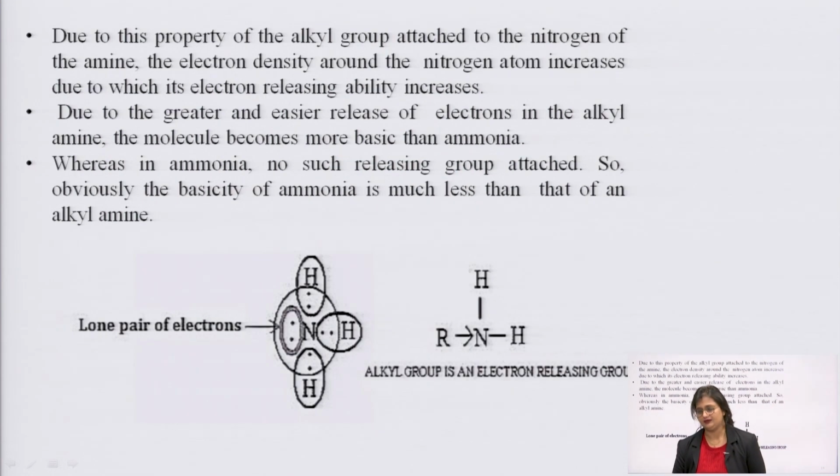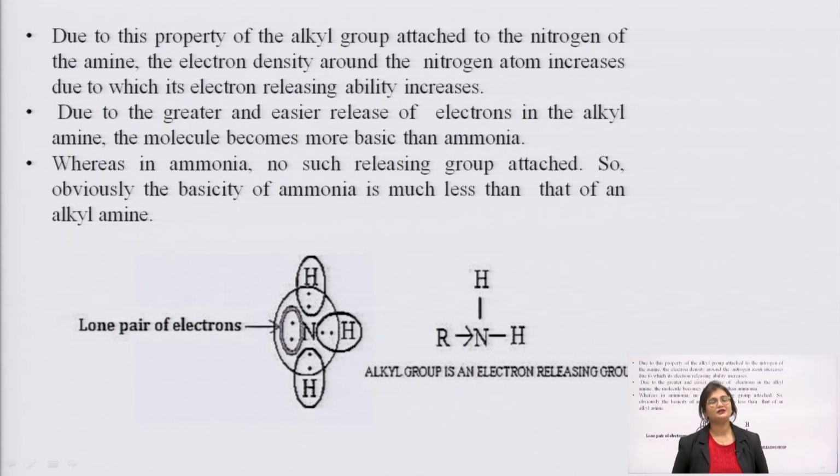Very simple. Due to this property of the alkyl group attached to the nitrogen of the amine, the electron density around the nitrogen atom increases, due to which its electron releasing ability increases. Due to the greater and easier release of electrons in the alkyl amine, the molecule becomes more basic than ammonia, whereas in ammonia there is no such electron releasing group.